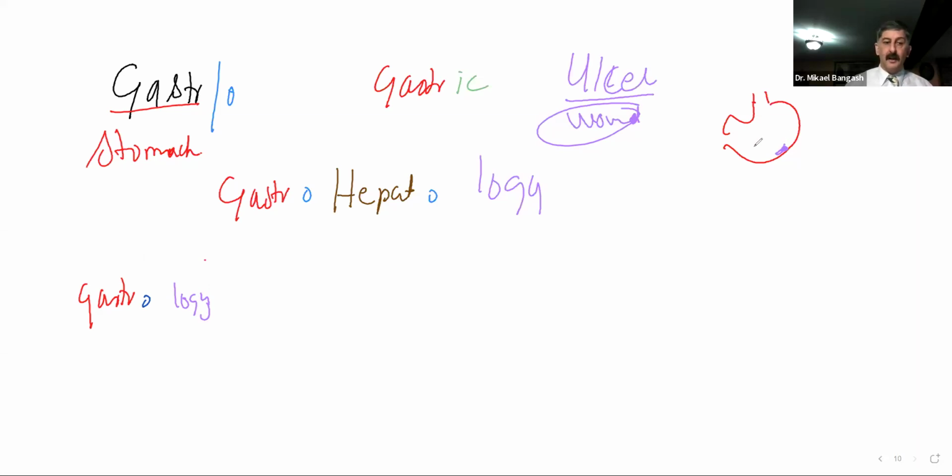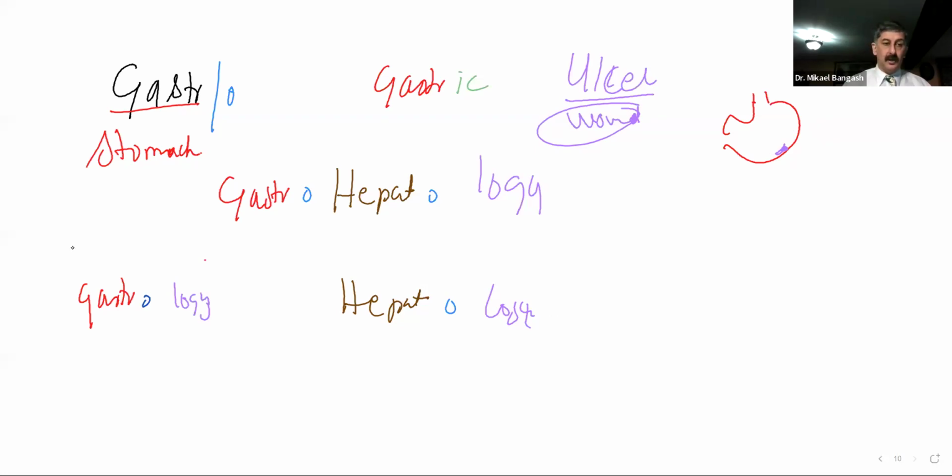Stomach ulcers, heartburns, and so on. On the other hand, you can say separately just hepat, o, and logy. So that means just dealing with disease of the liver.